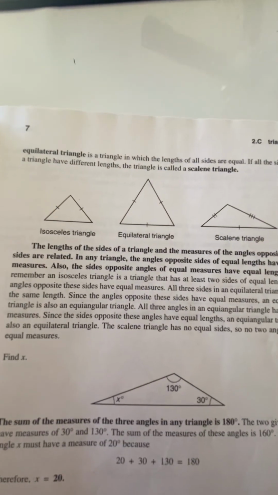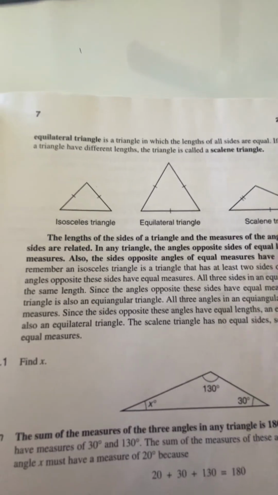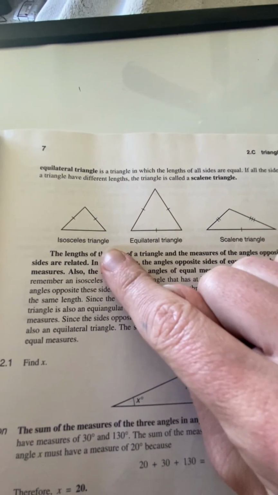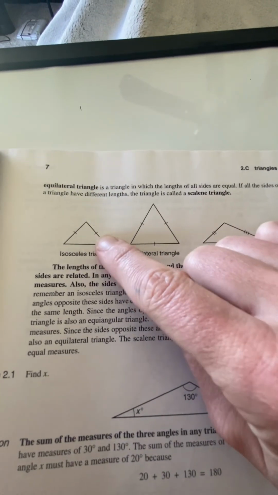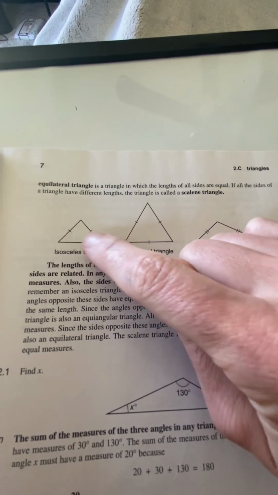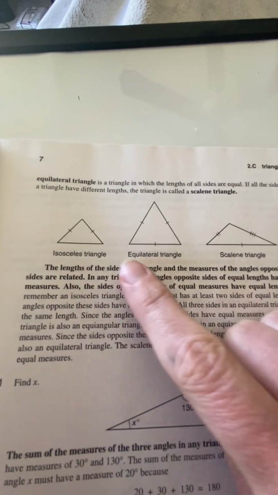Okay, so now these triangles are given names based on their sides. So this is called an isosceles triangle because 2 of the sides are the same. Do you see how this has 1 hash mark, this has 1 hash mark, so that means that these 2 sides are the same. So that's an isosceles triangle.